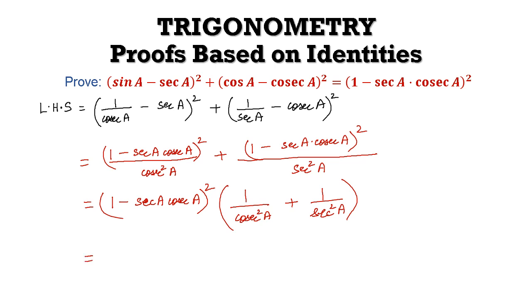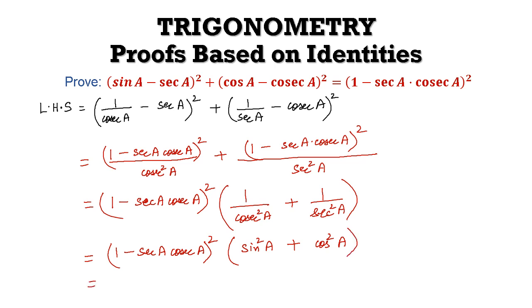So we are going to try and prove that this extra factor is indeed equal to 1. So 1 over cosecant square A, as I told you at the start, cosecant is the reciprocal of sine A, so it can be written as sine square A, and 1 over secant square A, in a similar way, can be written as cos square A. And sine square A plus cos square A is indeed equal to 1, because this is a trigonometric identity.